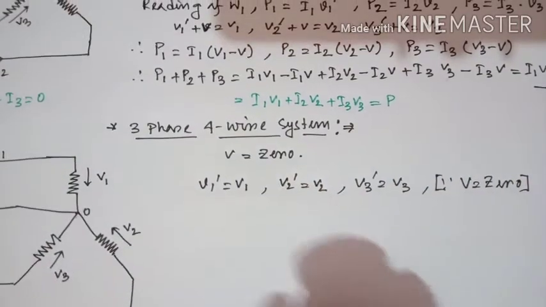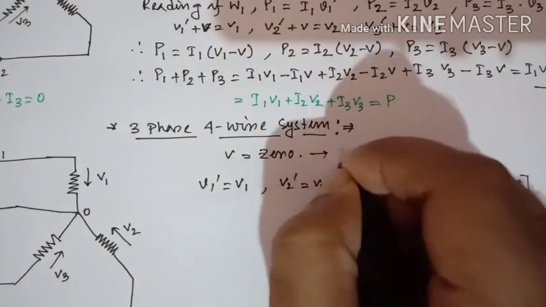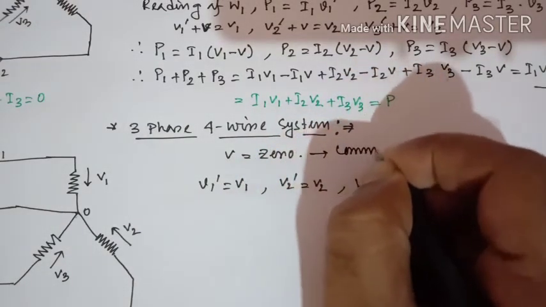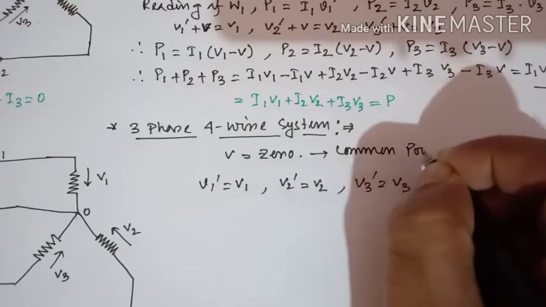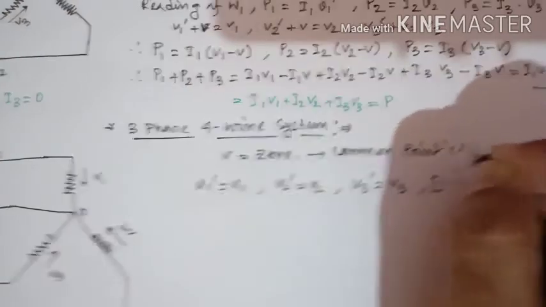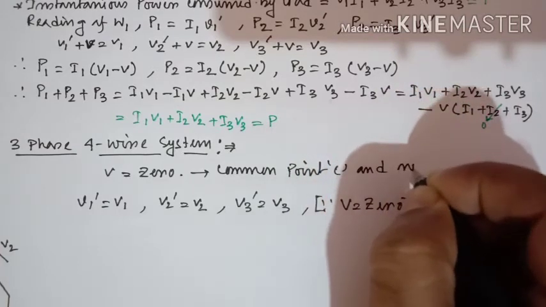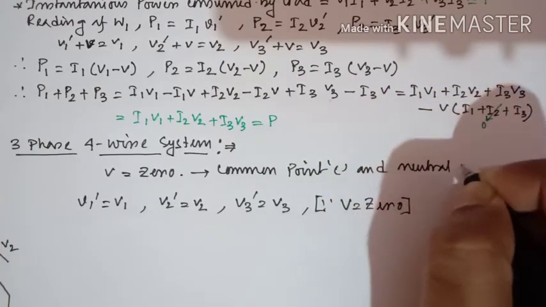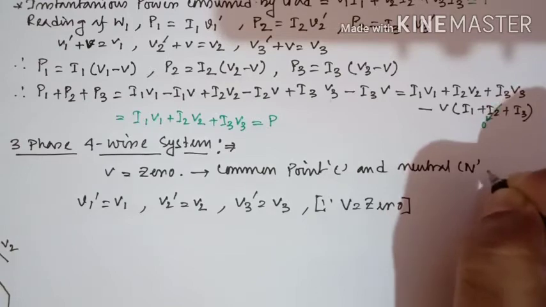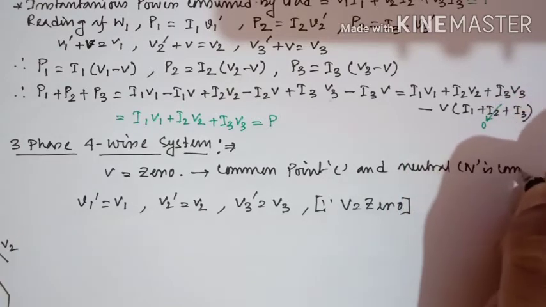Why is it 0? Because the common point, that is C, and neutral, that is N, are connected.